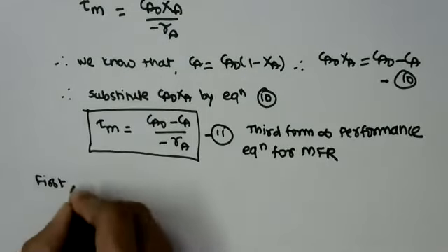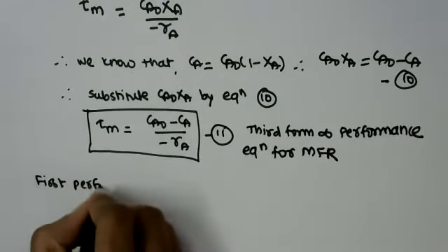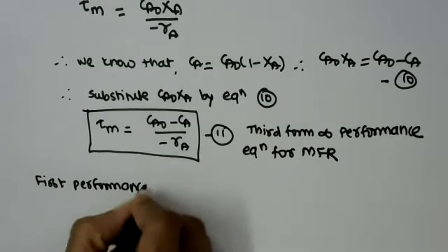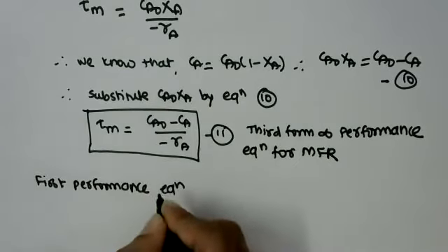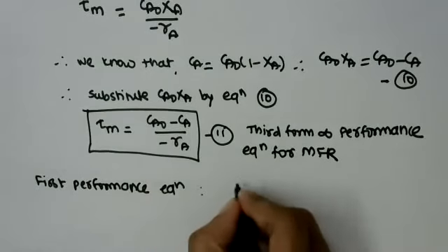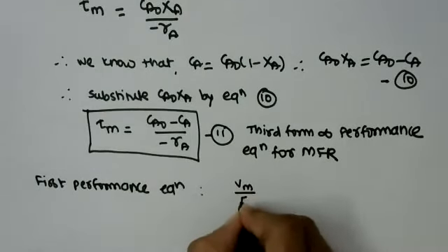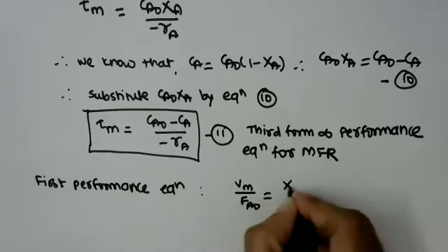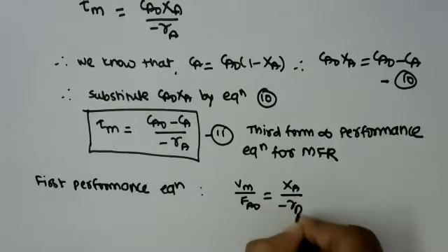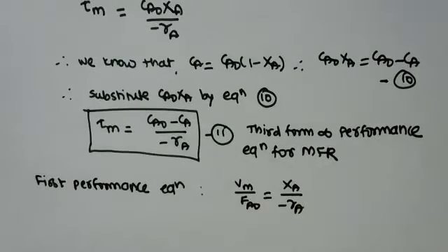So the first performance equation is Vm upon Fa0 is equal to Xa upon minus Ra.